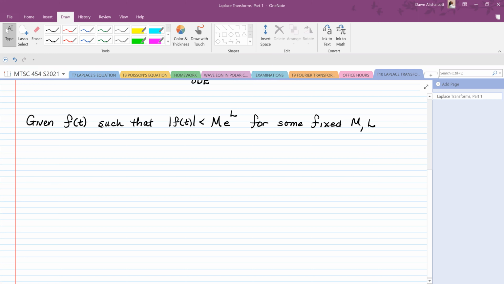Okay, so we compute the Laplace transform. This is the integral from 0 to infinity of f of t e to the minus st dt. And we're going to call this capital F of s.